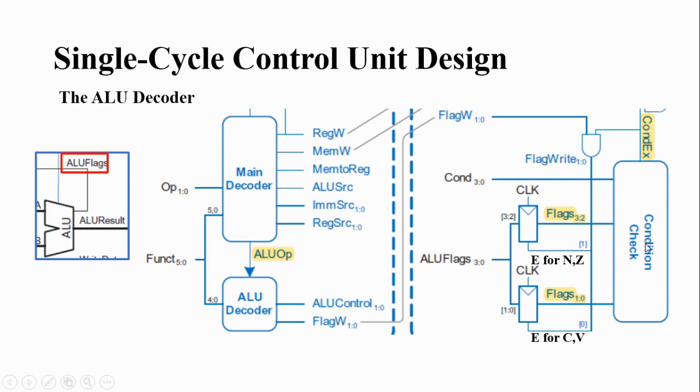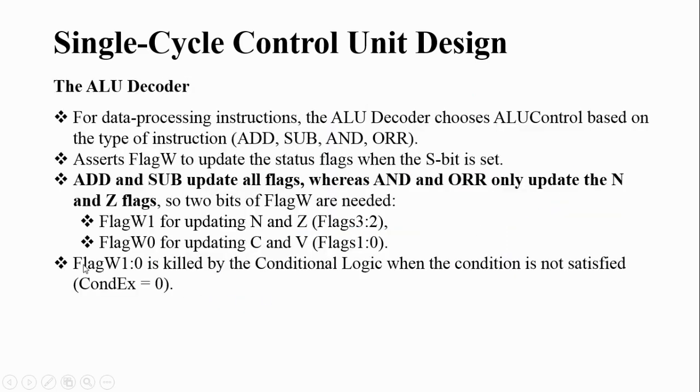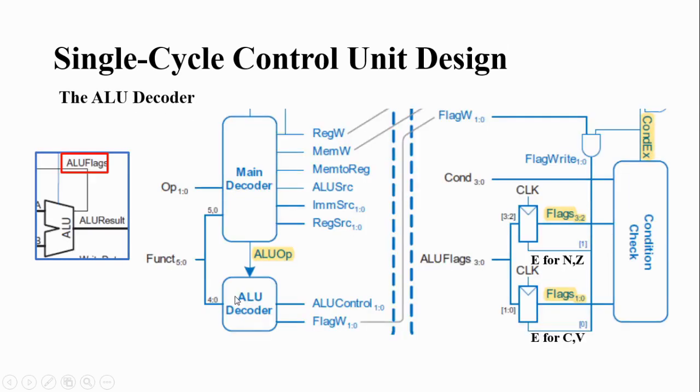If the condition field is not satisfied, then it will be generating a 0. So whatever you are generating here will not be reflected here, because output of AND gate will be 0 when this is 0. So the flag bit will be killed if the conditional logic condition is not satisfied. So this is with the ALU decoder.